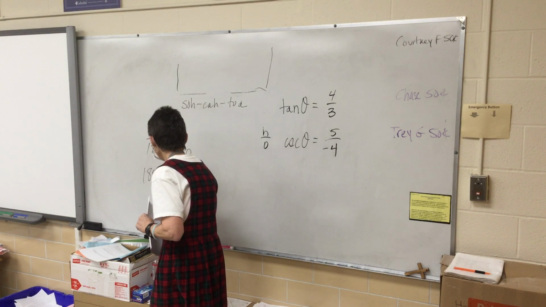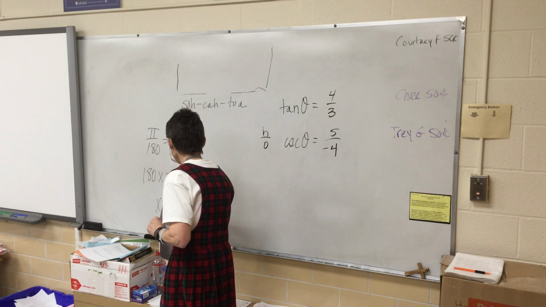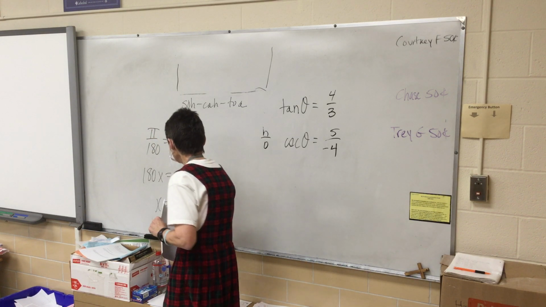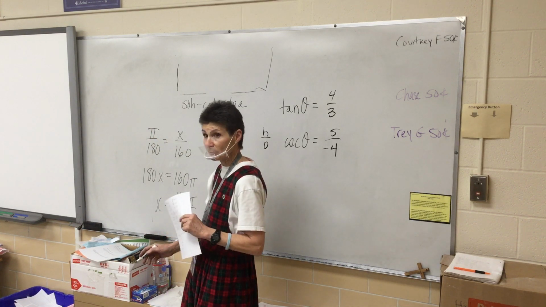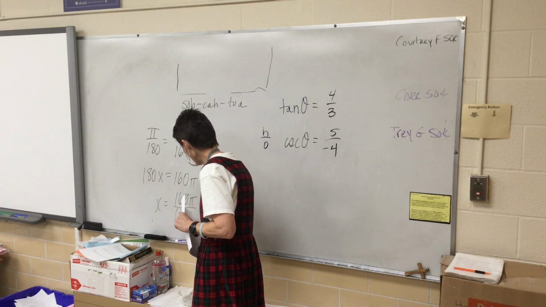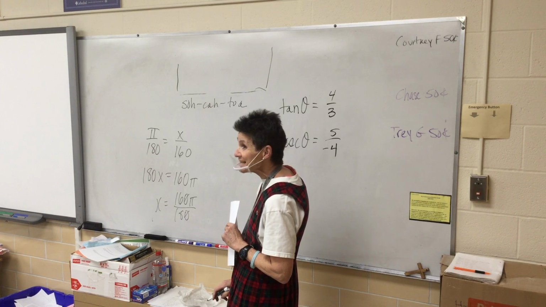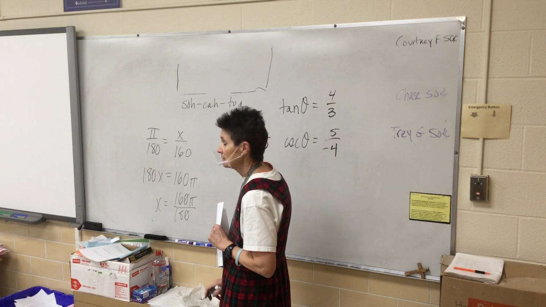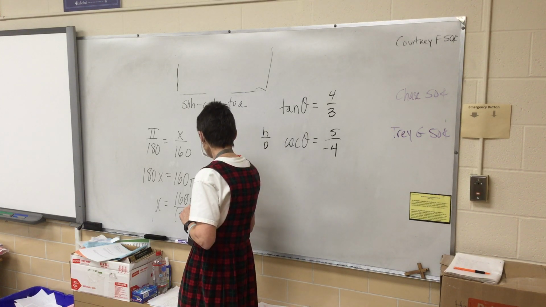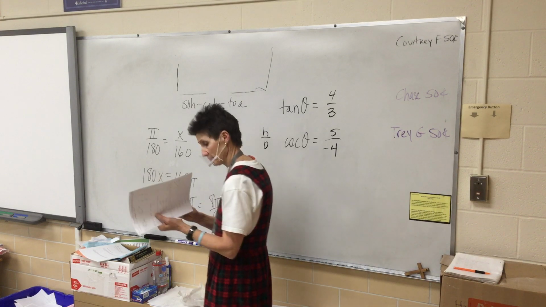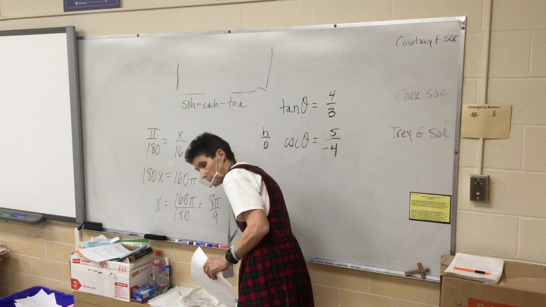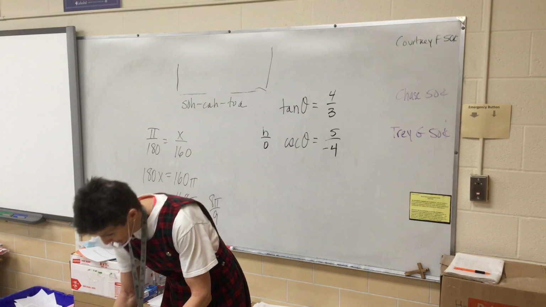So x equals 160 pi over 180. Everybody still with me? I'll cross out the zeros. I have 16 over 18. 8 pi over 9. And that is it.